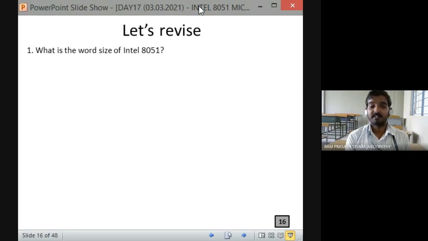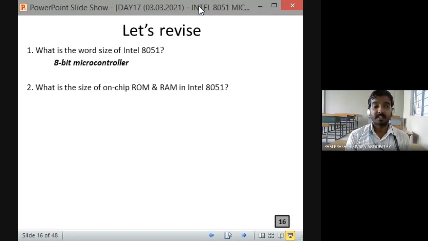Yes, very good. It is an 8-bit microcontroller. Next. What is the size of on-chip ROM and RAM? In the exam, even if they ask on-chip program memory or data memory, you should be able to understand.